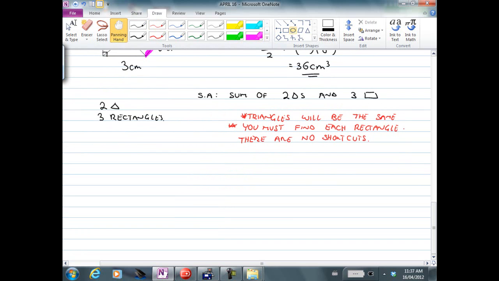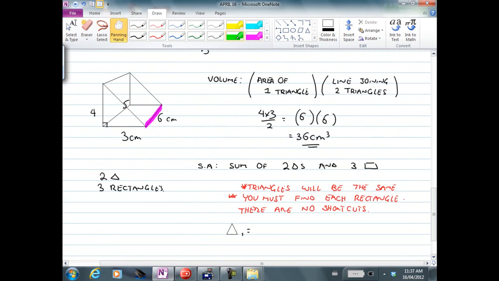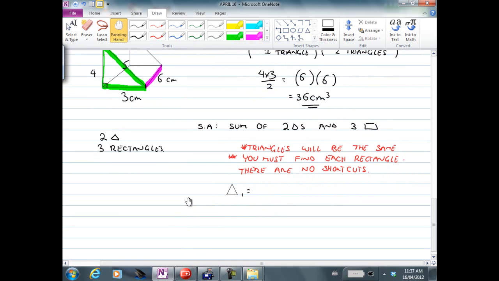So let's start with triangle 1. Let's do the area of the front triangle. I'm going to highlight for you. Here's the front triangle. Okay, this is just a highlighting game. Guys, you gotta take a minute, find the area of that triangle. Keep it simple. Rachel, what's the area of that triangle going to be? 6 cm squared is correct.